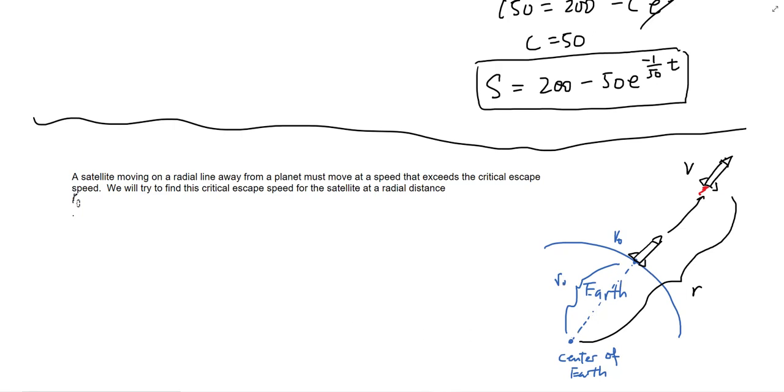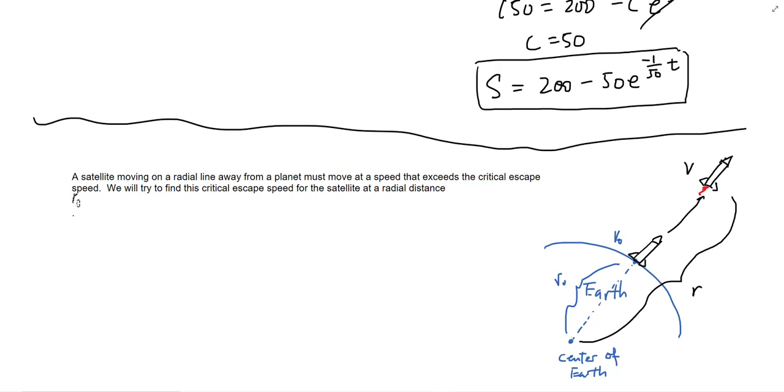So let's see if we can use something we know to figure out how this works. Even though this seems like a simple concept, that you need to go fast enough to escape the Earth, the question is how fast. It's actually not that easy to calculate. So how do we figure this out?